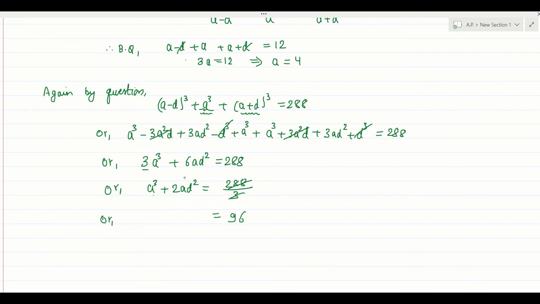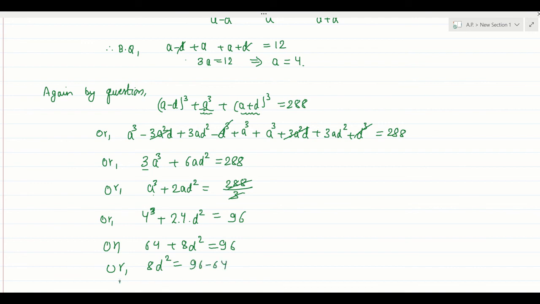Now, how much is A? A is 4. So we can write it as 4 cubed plus 2 into 4 into D square, or 4 cube is 64, plus 8D square is equal to 96. Or 8D square is equal to 96 minus 64.